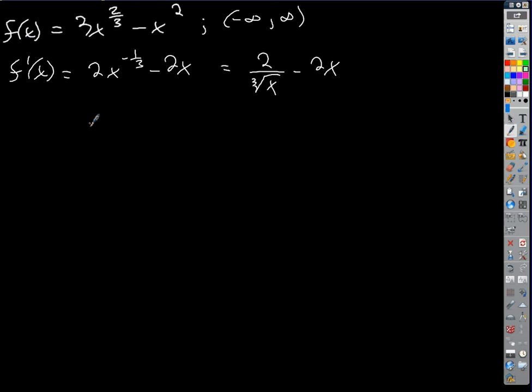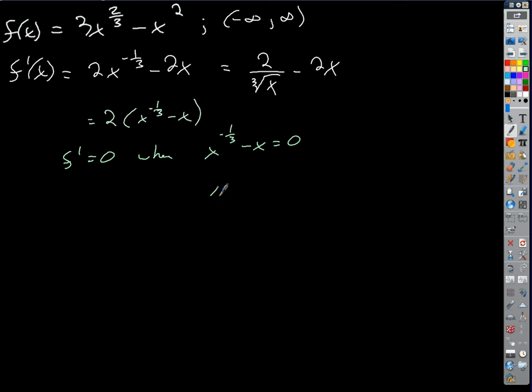So if I factor a 2 out, I'm left with x to the minus 1/3 minus x. Right? So then when is f prime equal to 0? When x to the minus 1/3 minus x equals 0.